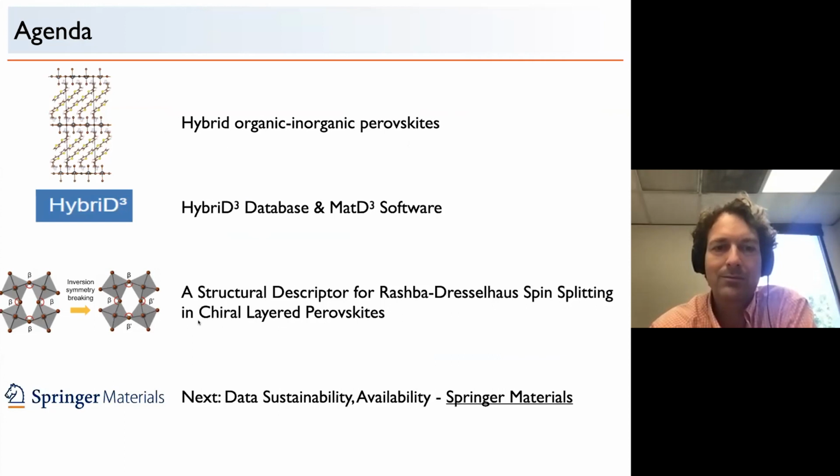And then I'll give one example on where having accurate data helped us, which in this case is a structural descriptor based on octahedral bond angle differences that allow us to predict the occurrence of large spin splittings of Rashba or Dresselhaus types, or well, spin-orbit coupling mediated in chiral layered perovskites, which is a hot topic in this field today.